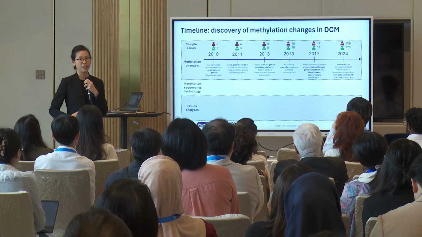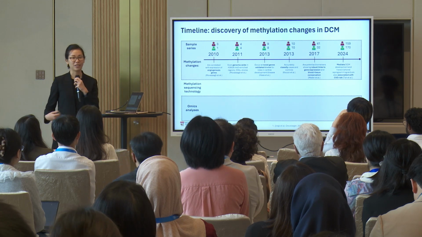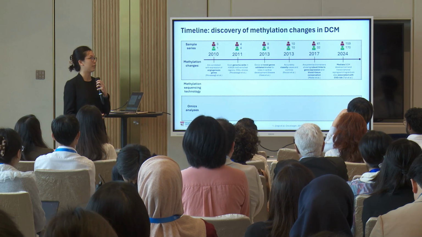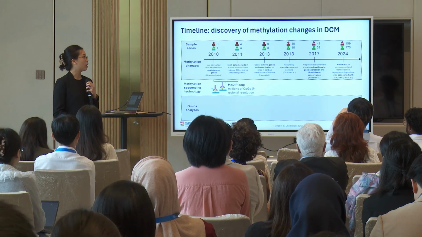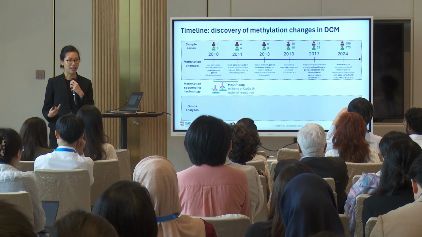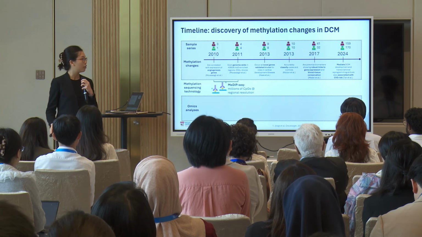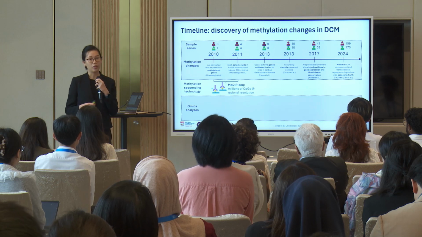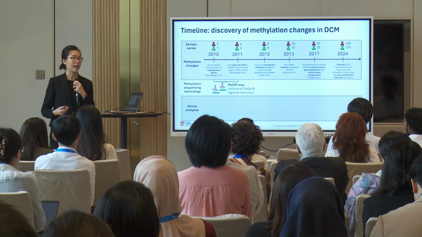So the history of this really started in around 2010 with a small single-digit sample size, and as the years progress, we are able to get more left ventricular tissue samples. And not just the increase in the number of sample sizes, but also the maturation of methylation array technology, which means that previously, we were only able to see these methylation alterations at regional resolution, so like peaks.